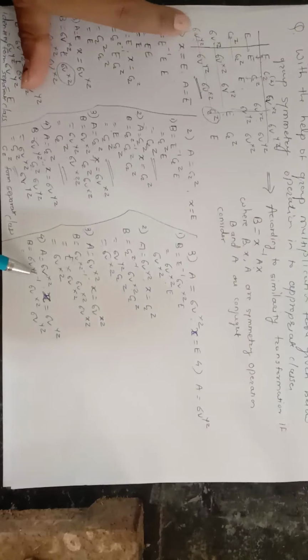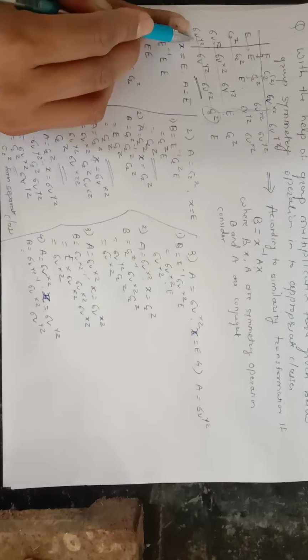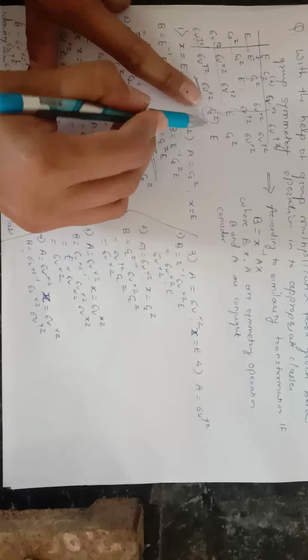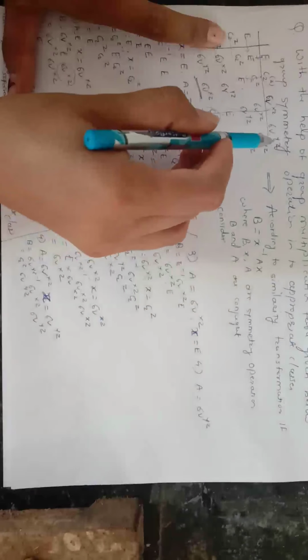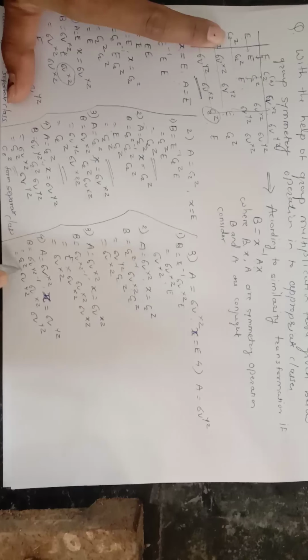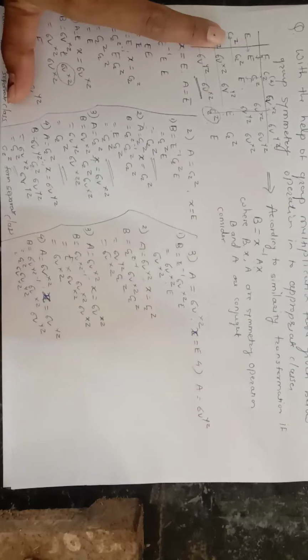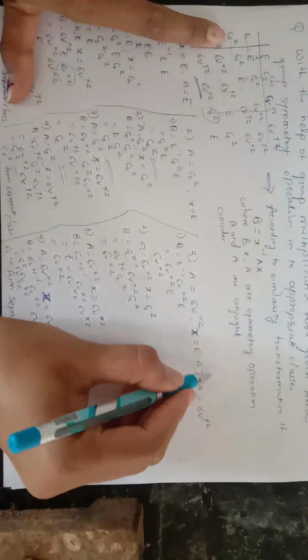Sigma V YZ inverse into sigma V XZ, we get C2Z, and the remaining sigma V YZ. C2Z into sigma V YZ, again we get sigma V XZ. From that calculation, we consider that sigma V XZ forms a separate class.